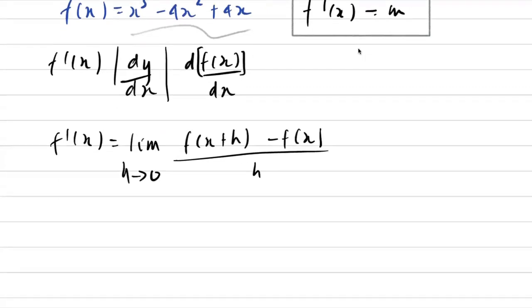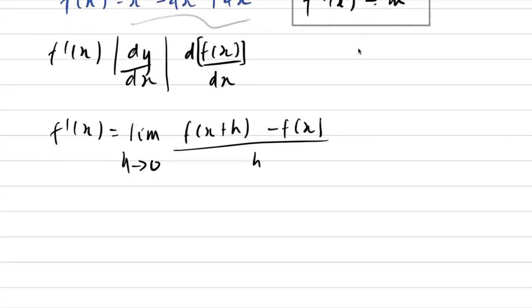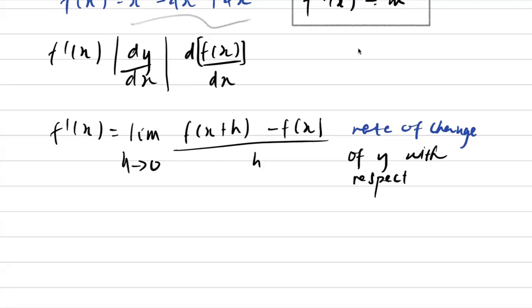What we're saying is that we're finding the rate of change, which is what this topic is about, the rate of change of y with respect to x, the rate at which y changes with respect to x. This simply means a slope or your gradient.